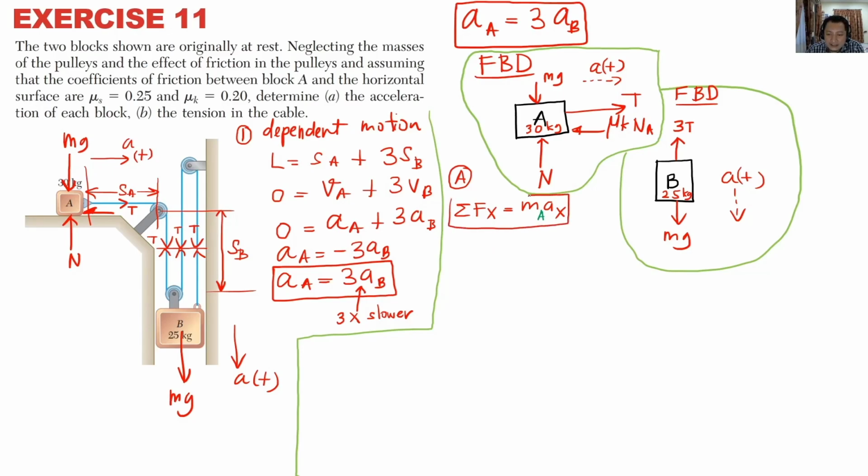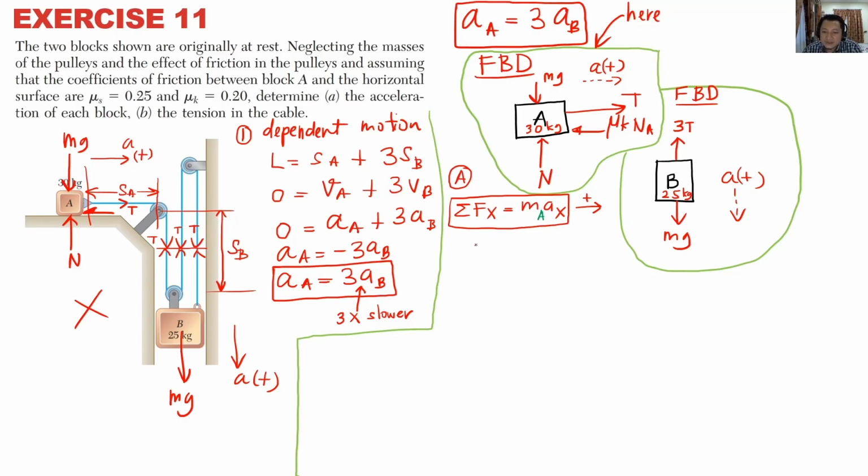Okay, this is the equation. To the right is positive. So you don't have to look at this one anymore, okay? Don't look at this one. Look at your free body diagram only. Look here. Avoid any confusion.